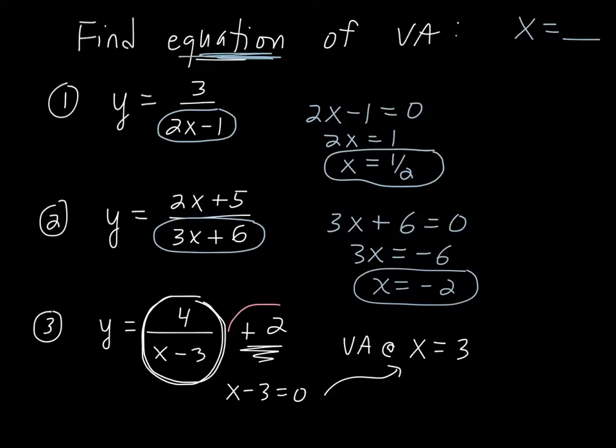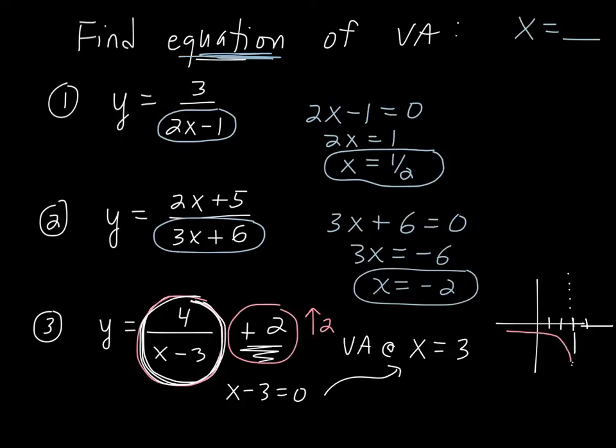Well, what effect does this plus 2 have on that function? Well, we're really talking about a transformation here where we're taking this graph and then just shifting it vertically up 2. So let's think about if we were to graph this original function of 4 over x minus 3, we would have over here at 3, we would have our VA. Okay, so if we were to look at the graph of this, it's going to be something like this.